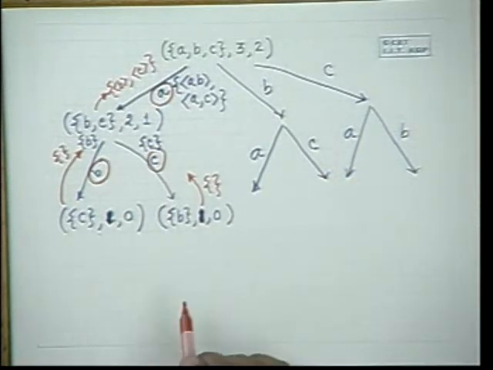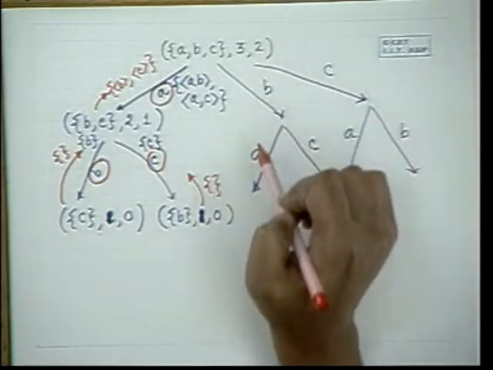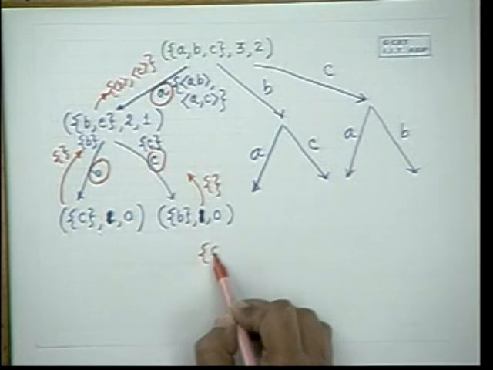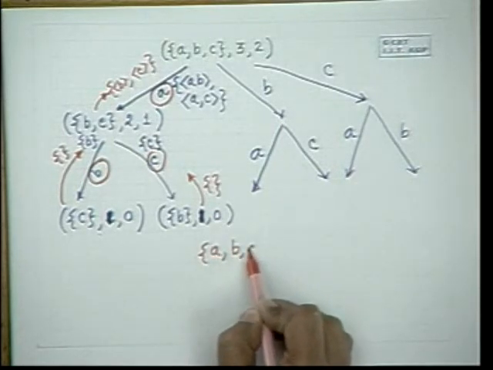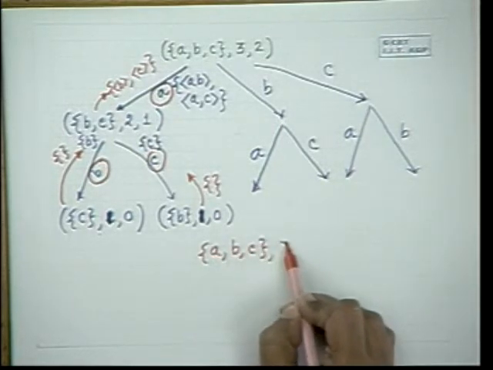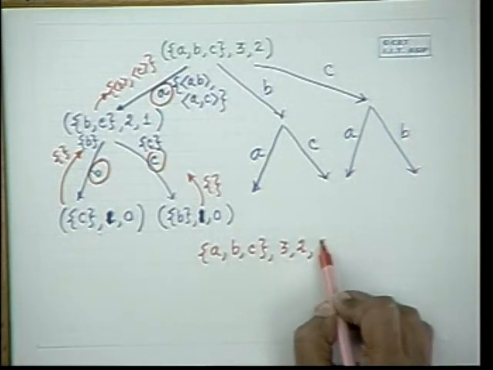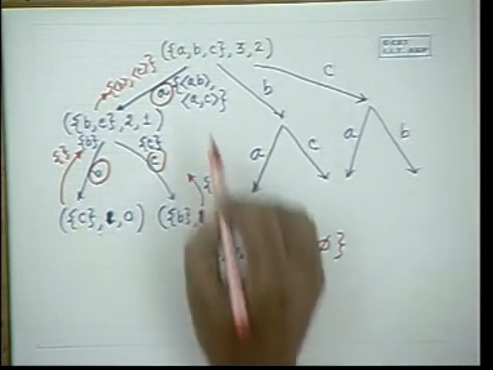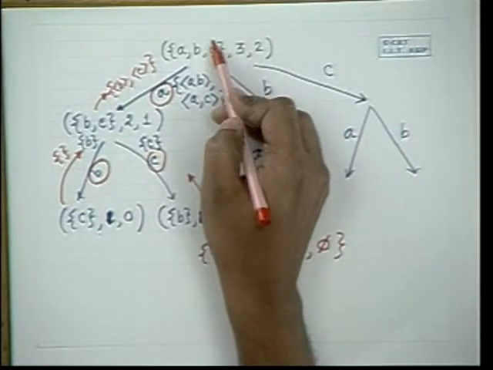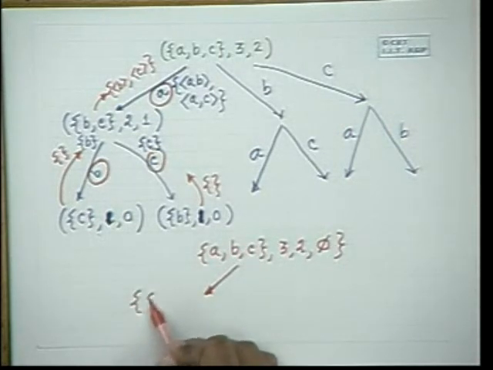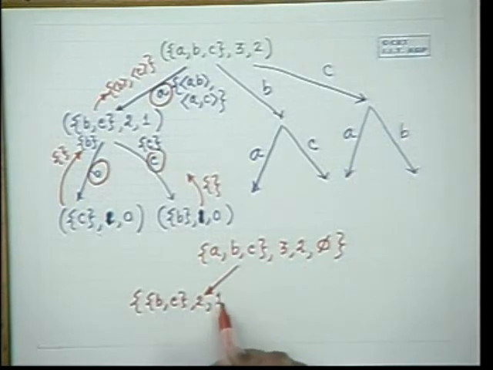Yeah, you pass it through the parameters. That is, when you are calling A, B, C with 3, 2, you call it with null. That is, at this point, up to here, nothing has come. And then when you come here with B, C, 2, 1, what do you do?